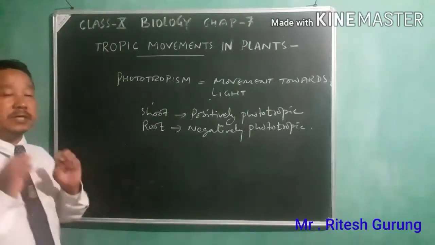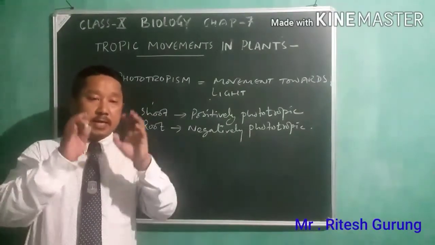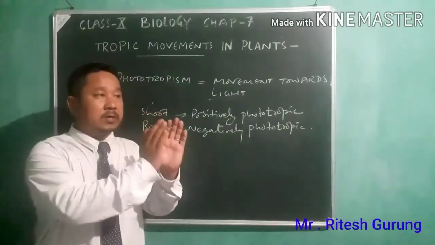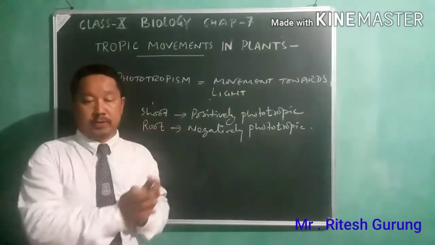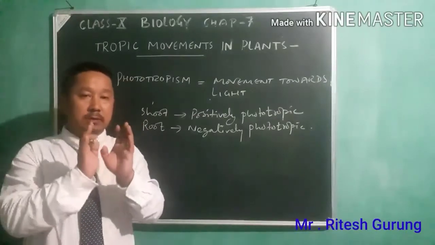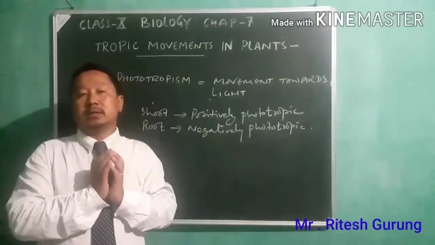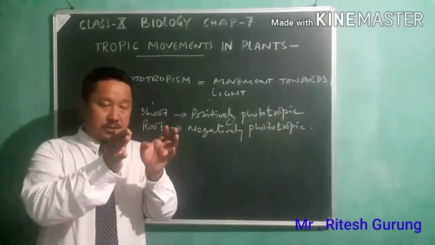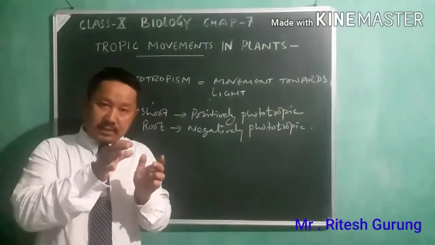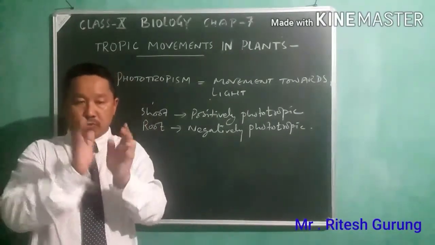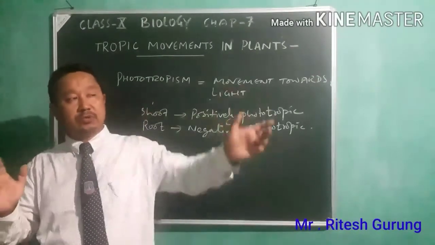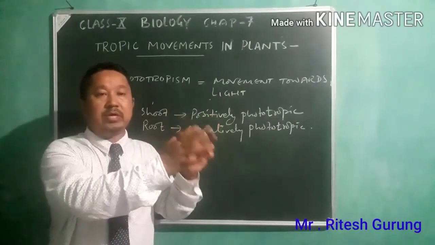You can even see a potted plant. You just keep a potted plant there in a room, keeping only one window of the room open. So what happens is that suppose the shoot system of the potted plant which you have been keeping in the room, in the beginning has the shoot system facing the other side, away from, not opposite to, the window.